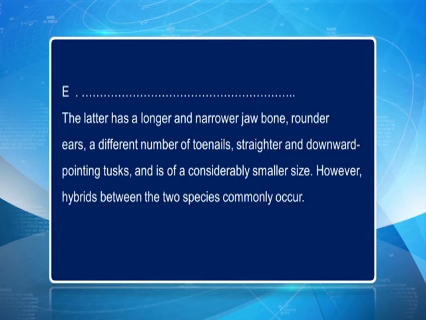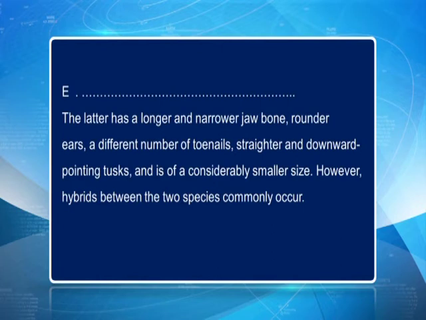Our last paragraph is, the latter has a longer and narrower jawbone. Around their ears, a different number of toenails, straighter and downward pointing tusks, and is of a considerably smaller size. However, hybrids between the two species commonly occur. Here, if you look at the first sentence, the latter, it means that the sentence that precedes it talks about two things.